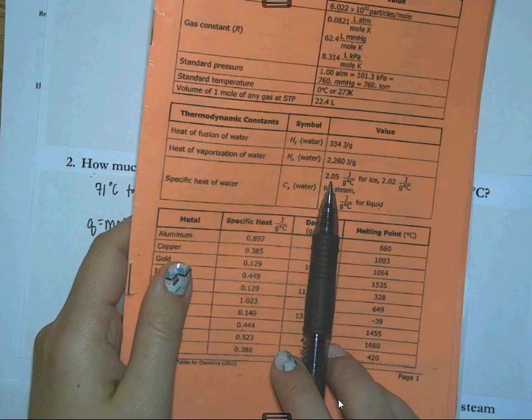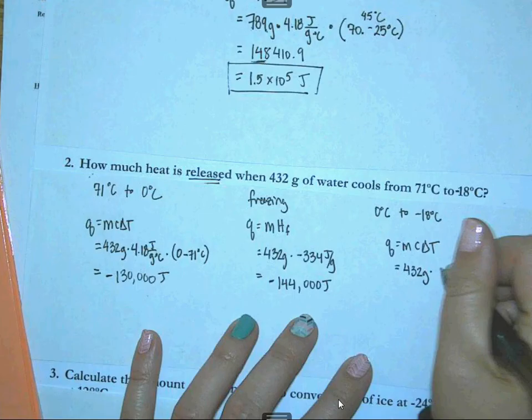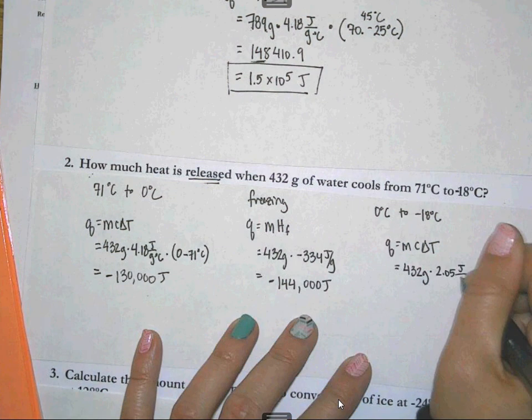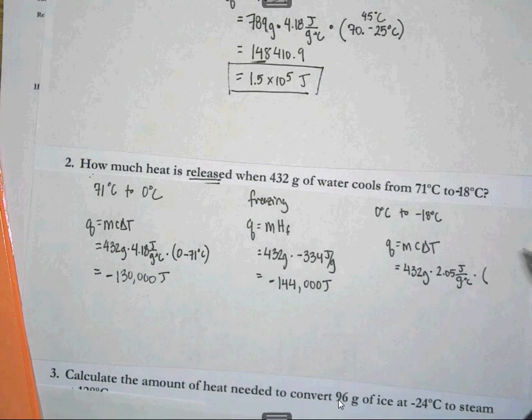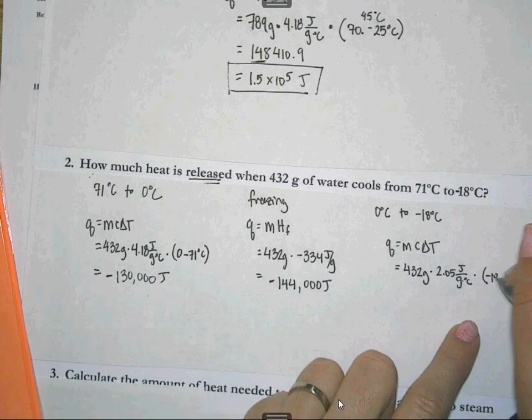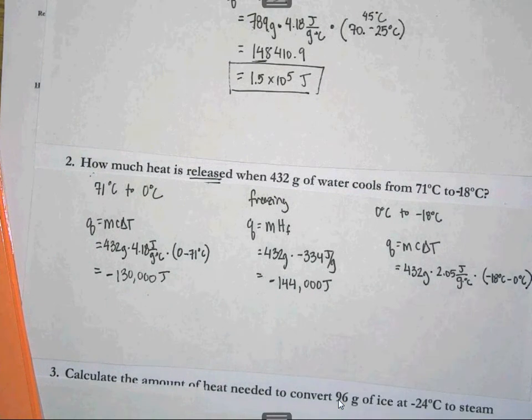And if you're thinking, but that's going to give me a negative number, yes it is, and it should, because my question says how much heat is released. And haven't we been saying that a negative Q or a negative H value means heat is being given off? That makes sense. It should be negative.